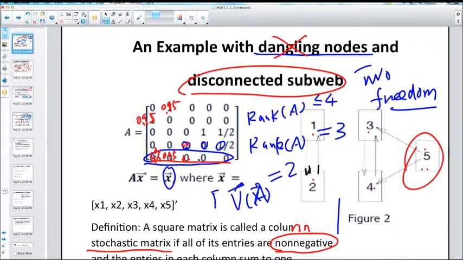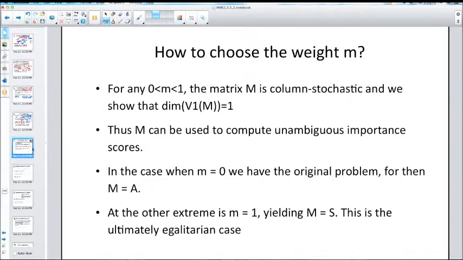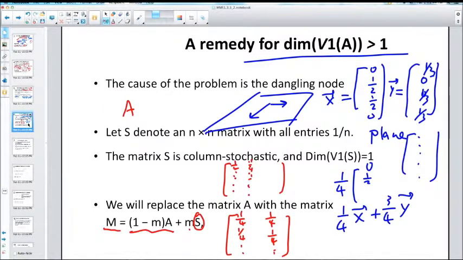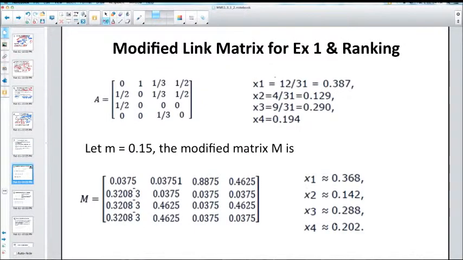Just make it still the poorest one, but it's not going to be 0. That's the principle. In practice, if you look at the average, maybe 5 to 6 links, then the best choice of this number is 0.15. That's statistically figured out. And once you get this, you fix the problem.